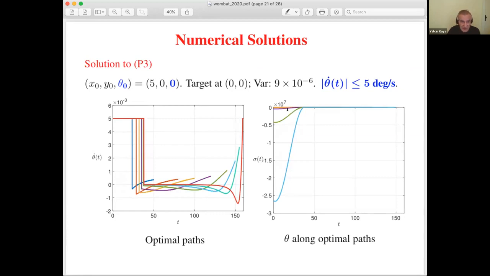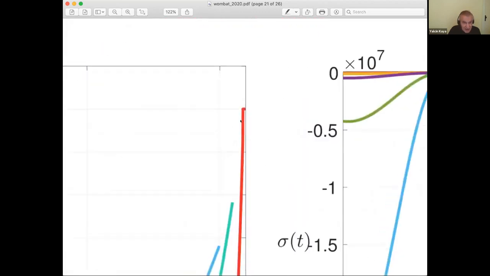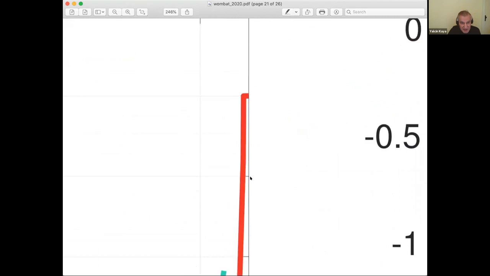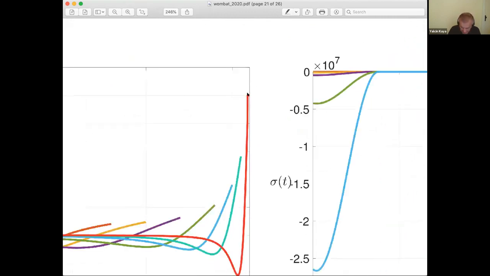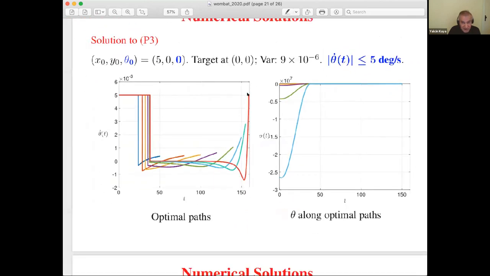So that's why I'm just zooming in to show that the switching points from bang to singular change as well. But the interesting thing here is that when time is near 160 seconds, we get a bang, singular, bang arc. A very small bang arc, but it's interesting, the emergence of that.